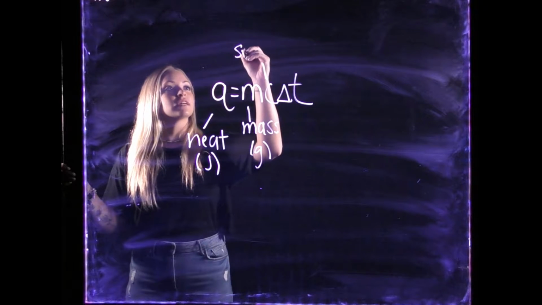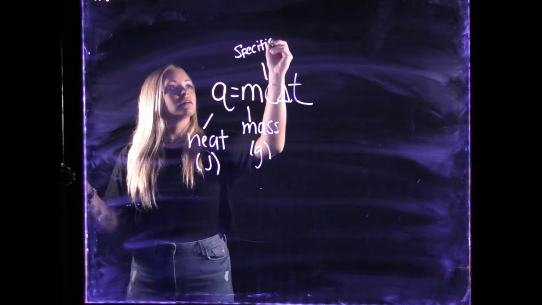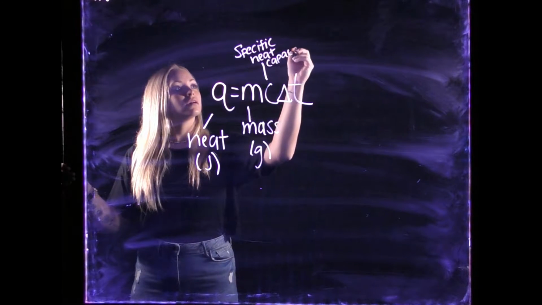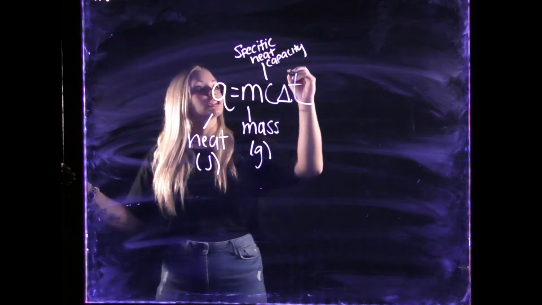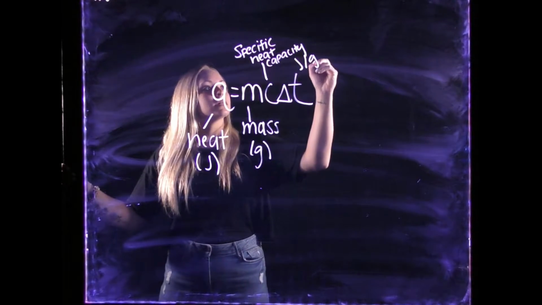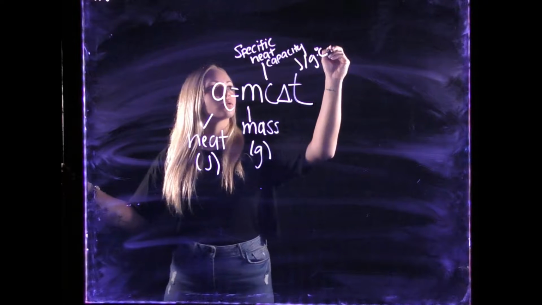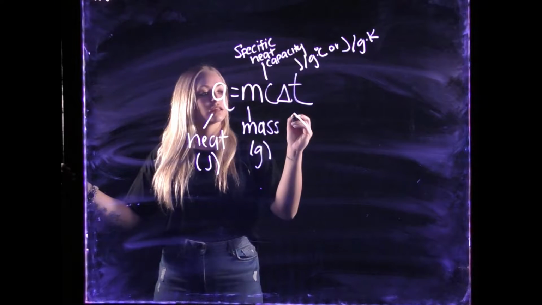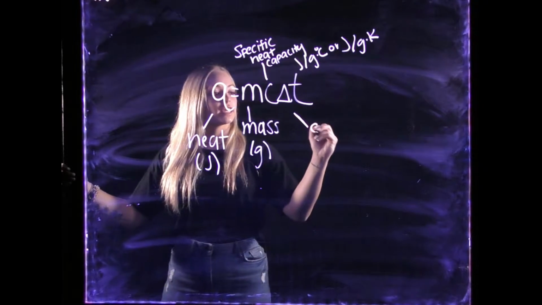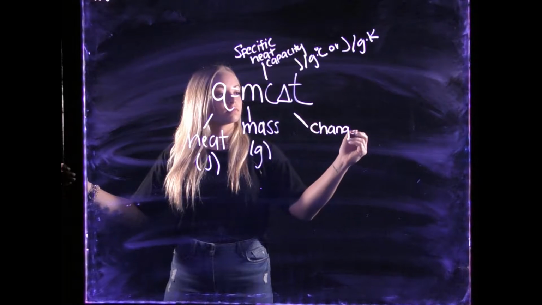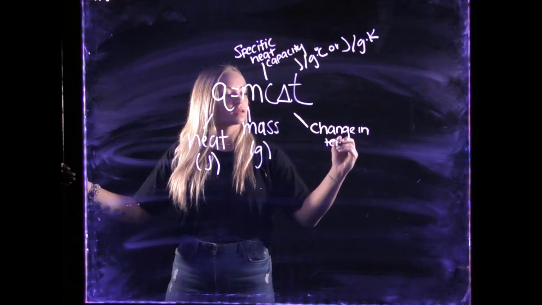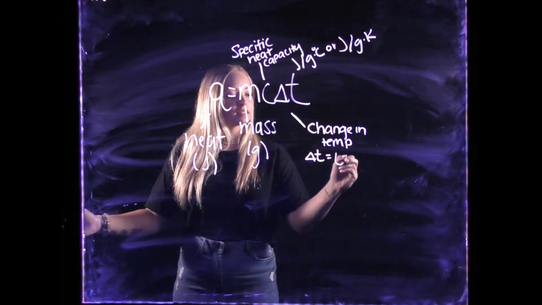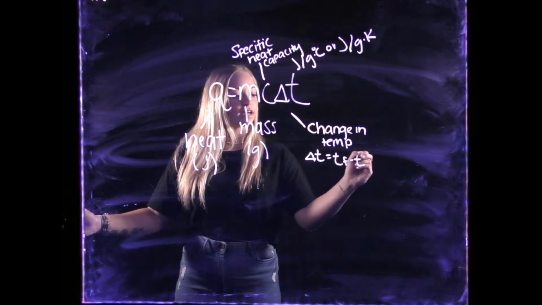C is the specific heat capacity, that is measured in joules per gram times degrees Celsius or joules per gram times K. Delta T is the change in temperature. You find the change in temperature by subtracting T initial from T final.